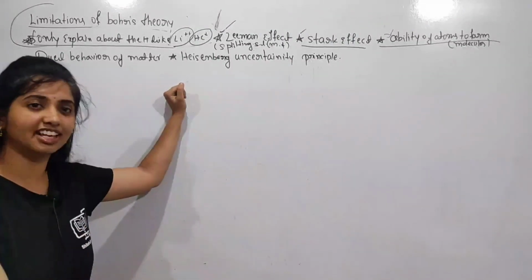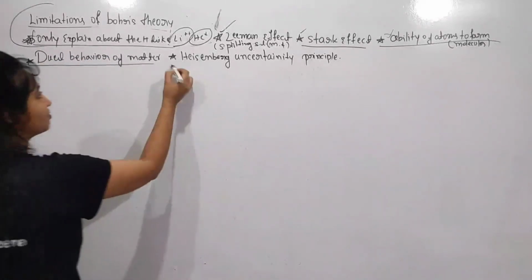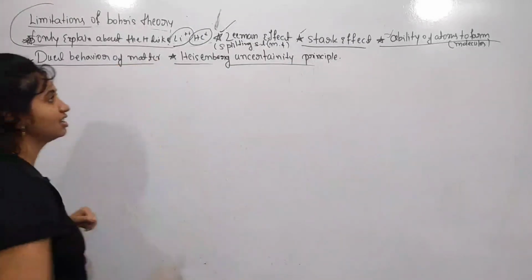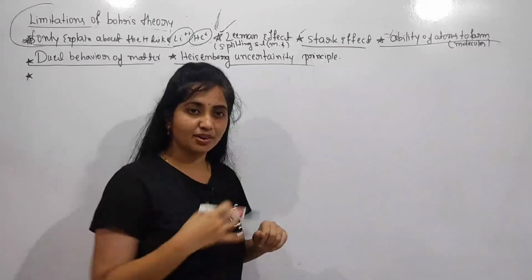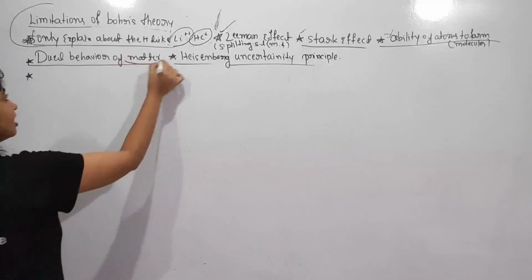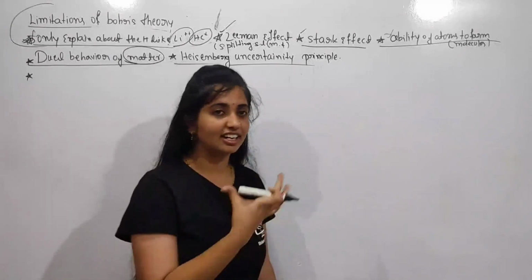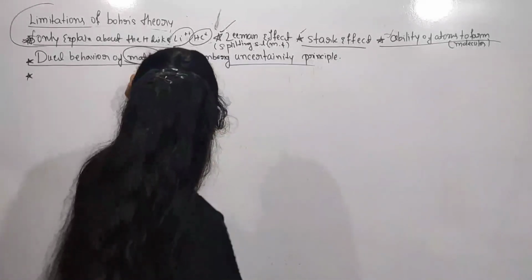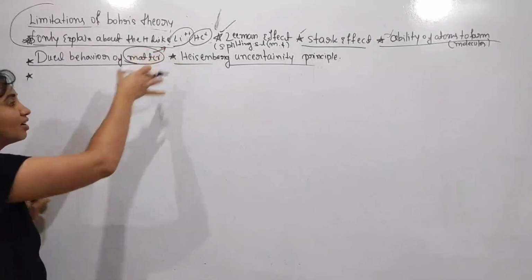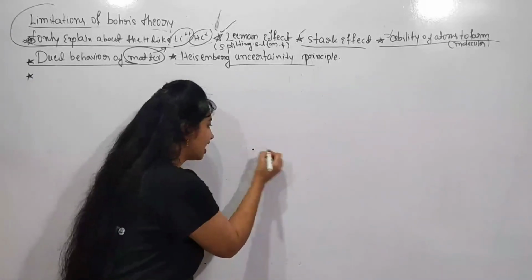This quantum mechanical theory is built with the help of 2 points, the dual behavior of matter and the Heisenberg uncertainty principle. With the help of these principles, the quantum mechanical theory was developed to find the structure of an atom. Dual behavior of matter means matter has a dual nature, a wave nature and a particle nature. Every matter has a dual nature. This is applicable mostly to microscopic-level particles like electrons and alpha particles.